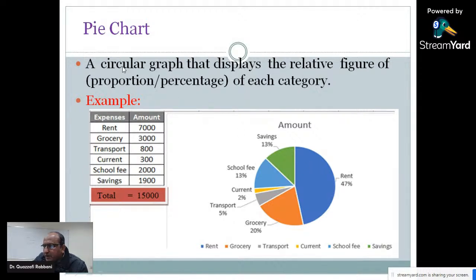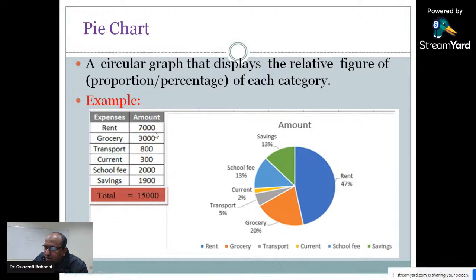A pie chart is nothing but a circular graph that displays the relative figure. You just take a center, and from the center you take the radius, and this can be divided into either percentage or degree.